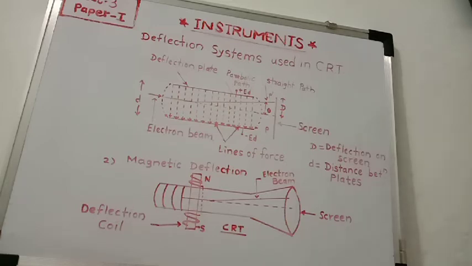The video signal is applied to the vertical coils, and the amount of deflection depends upon the ampere turns of the coil.